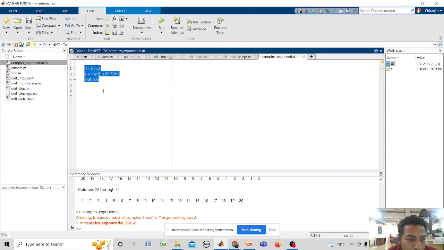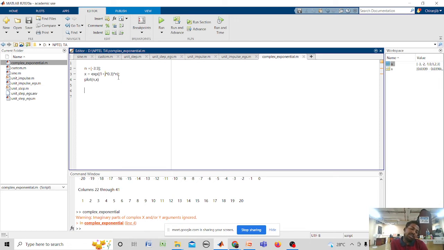If we see properly, it is of the form e to the power st, where s is nothing but sigma plus j omega. And sigma is the real part, where for this case, sigma is equal to 1 and omega is equal to 0.3 here.